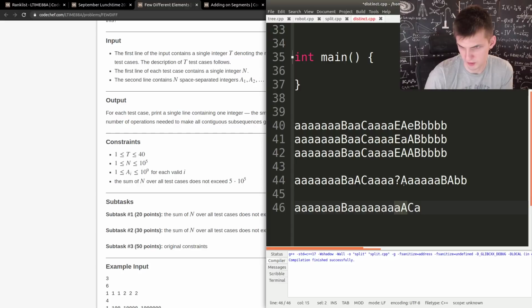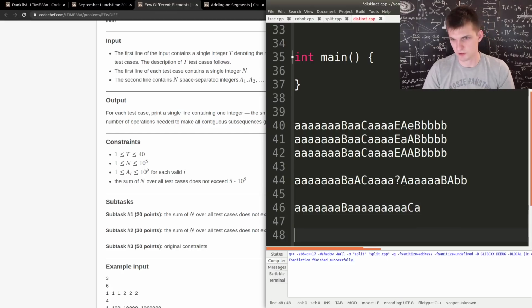Then those will be A's, up to this moment, B's. What if this is A? Well, then we just start a sequence of A's. So it's enough to consider my surrounding. I think that's the main thing.